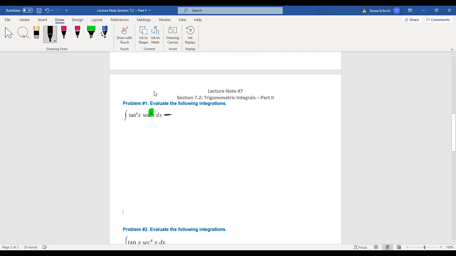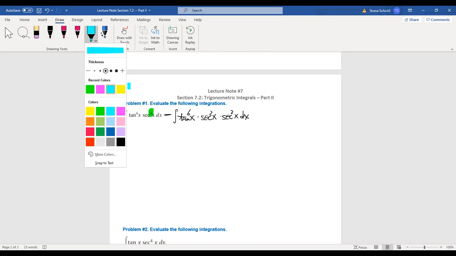Why? Because I can write this as tangent x to the 6th power, and because it's an even number, I can take 1 secant square out. Remember why we want to take this 1 secant square out?